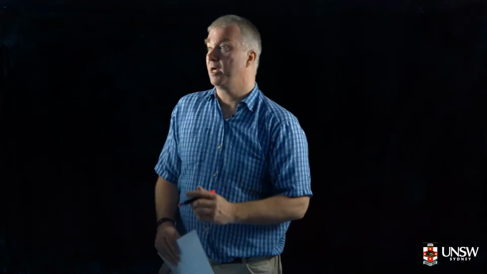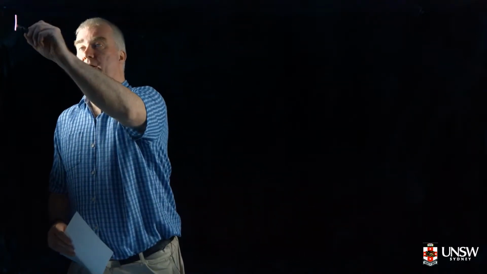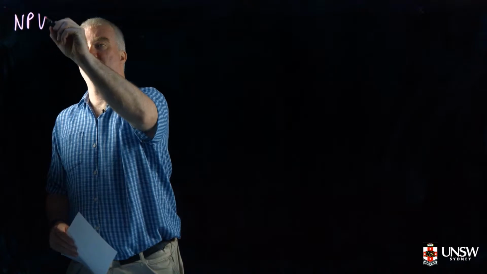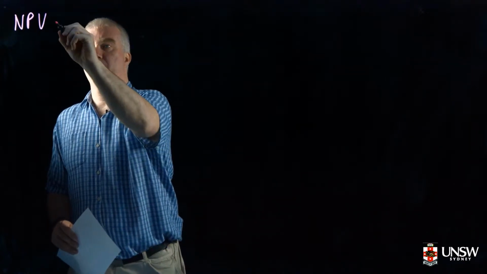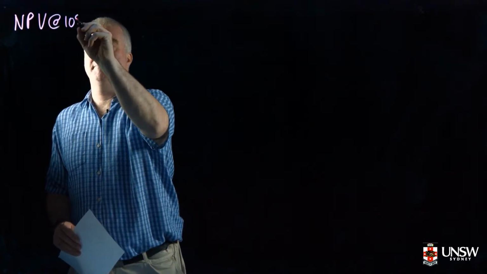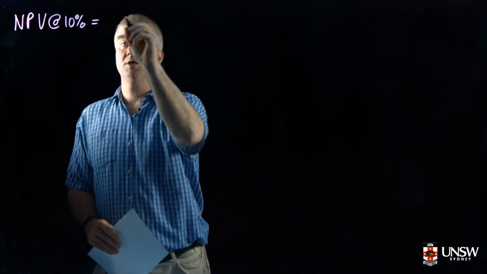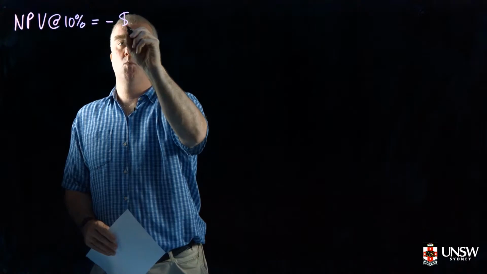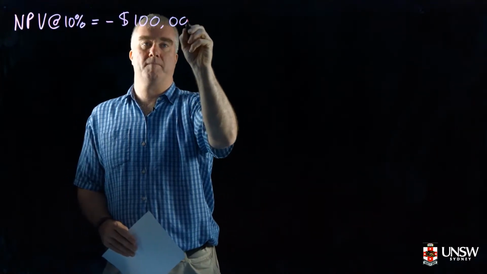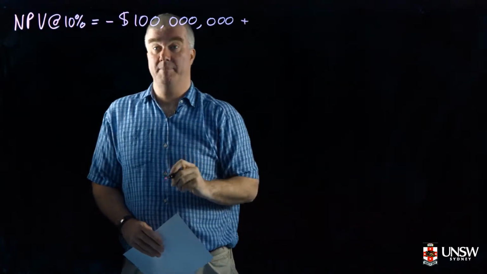To start with, let's try and work out the NPV, because we want to find the NPV equals 0, at 10%. So this will equal, to start with the costs, minus $100 million plus the benefits.